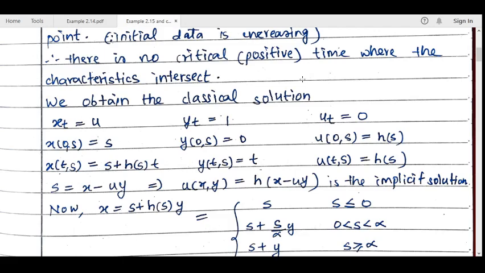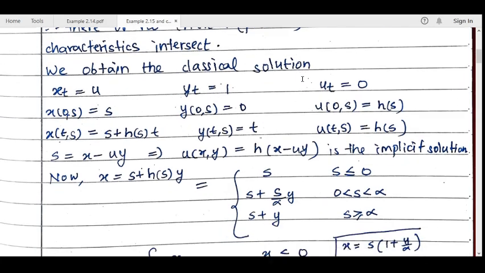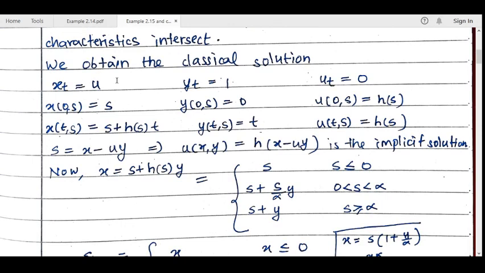Now we will see what is the classical solution. So the classical solution, as we did in the last problem, is the same. Characteristic equation: x_t equal to u, y_t equal to 1, u_t equal to 0. Initial condition: x at (0, s) equal to s, y at (0, s) equal to 0, u at (0, s) equal to h of s.